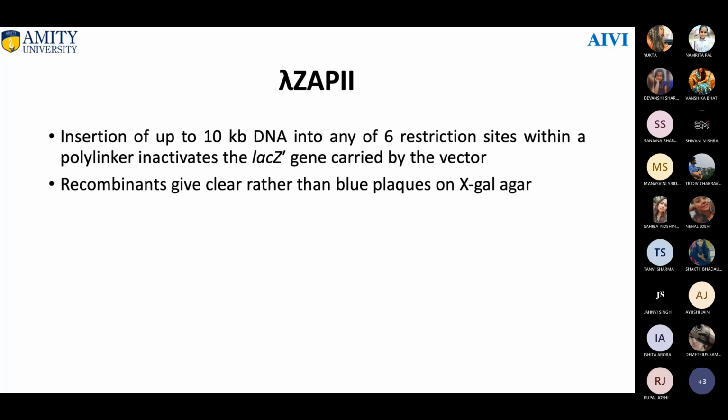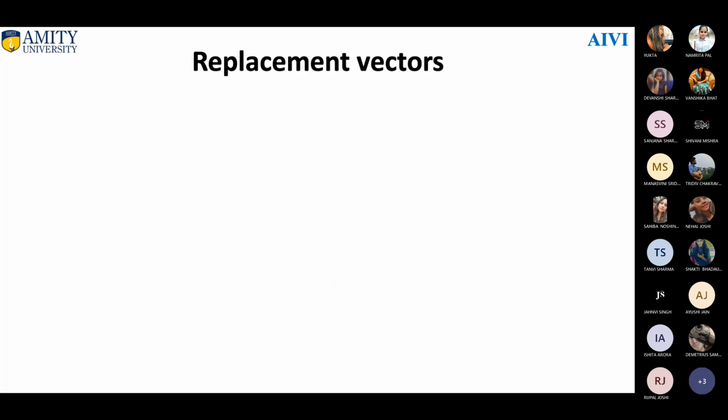What color plaque are you getting? Wherever the virus is, the plaque is blue in color on X-gal, while the recombinant gives a clear plaque. So you have deleted part of the lacZ gene, and at this place you insert, causing insertion inactivation of the lacZ gene.